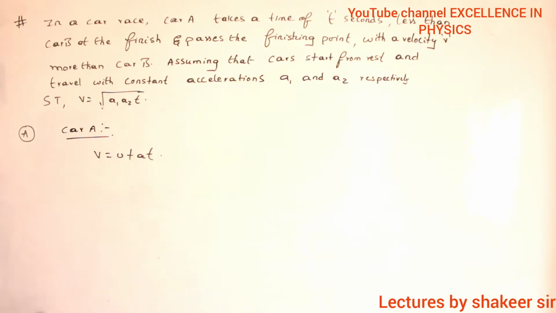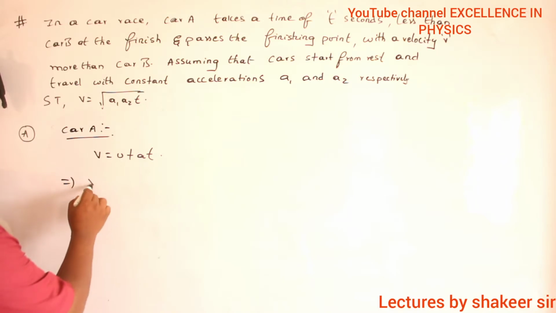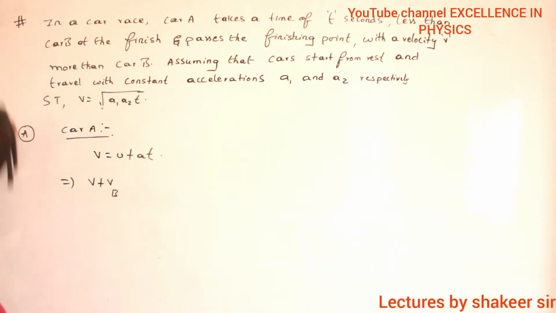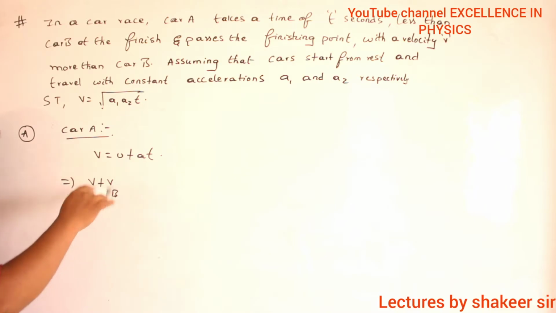Final velocity is greater than the final velocity of car B. So, I will write final velocity is v plus vB, where vB is the final velocity of car B at the finish line. At the finish line, car A has velocity v greater than vB. So, v plus vB will become the final velocity of car A.